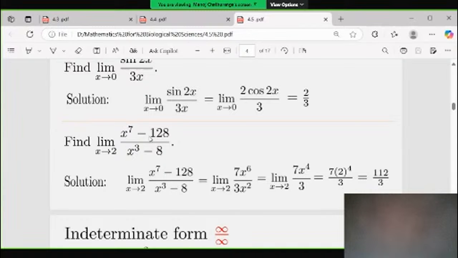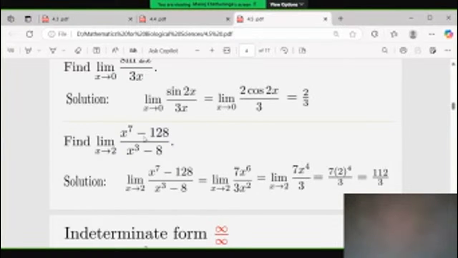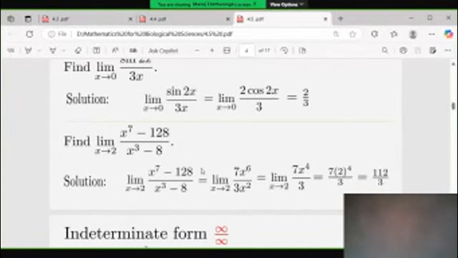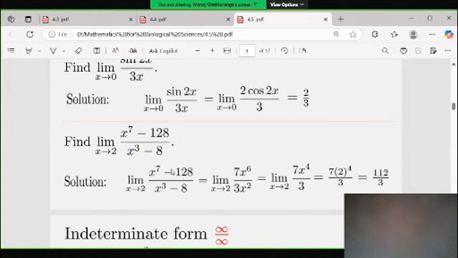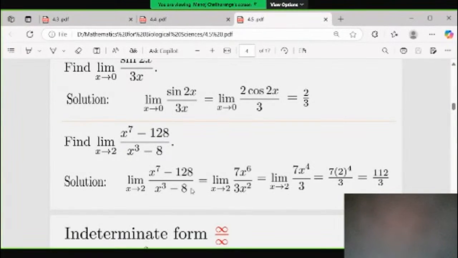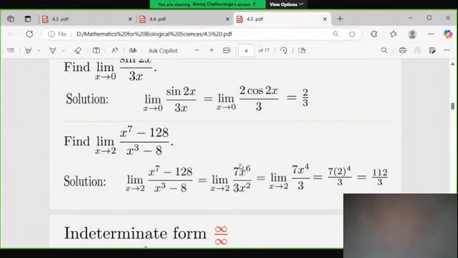So L'Hopital says, don't worry, if this is the case, differentiate it. You differentiate both numerator and denominator separately. X to the power 7 minus 128: derivative of 128 is 0, derivative of x to the power 7 is 7x to the power 6. Then derivative of x to the third minus 8 is 3x squared.